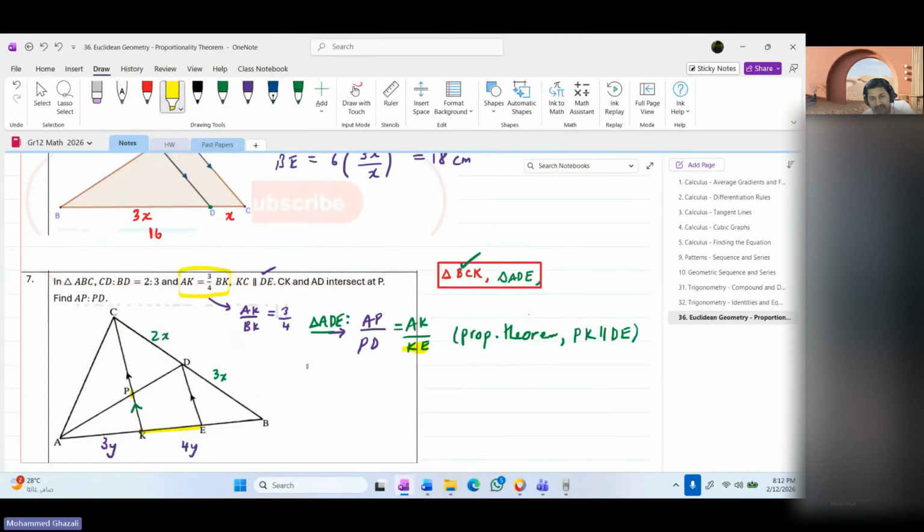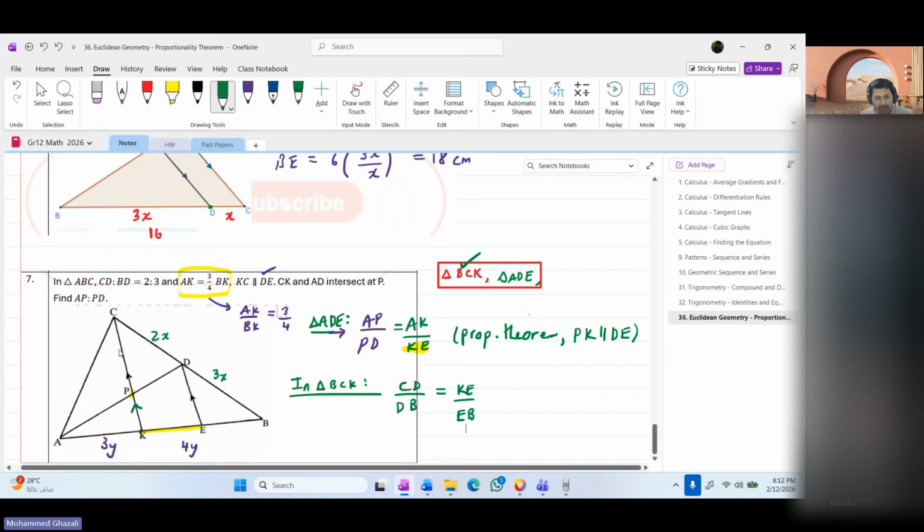So now use the first triangle BCK. So you're going to say in triangle BCK, I have CD over DB. CD over DB equals KE over EB. There, we got KE over EB.